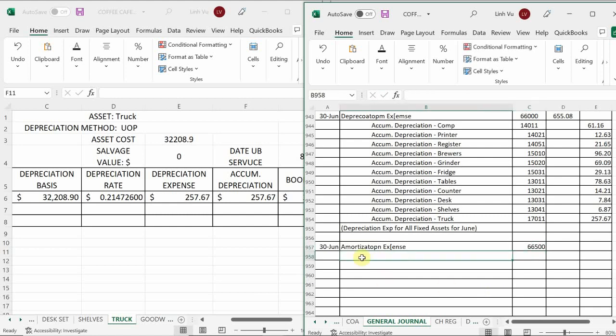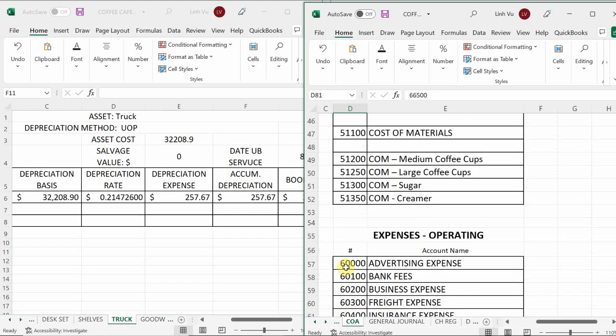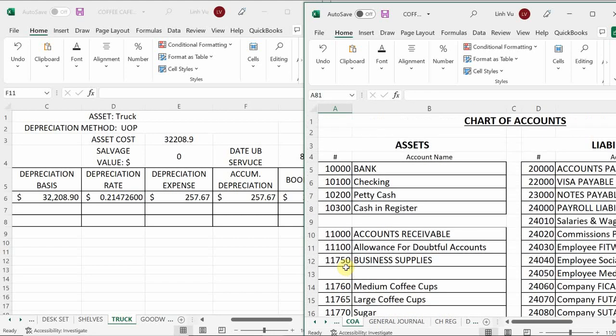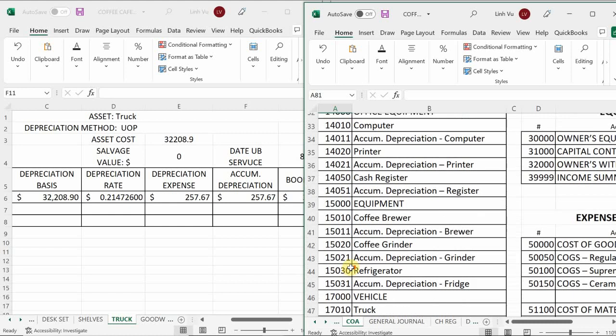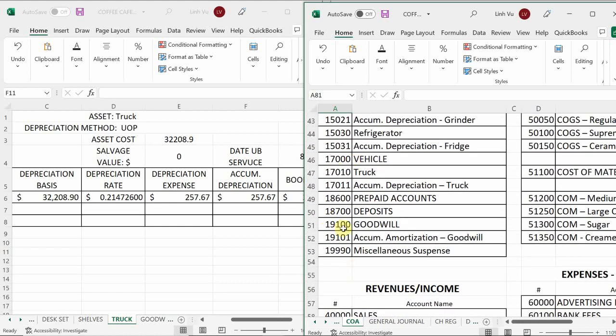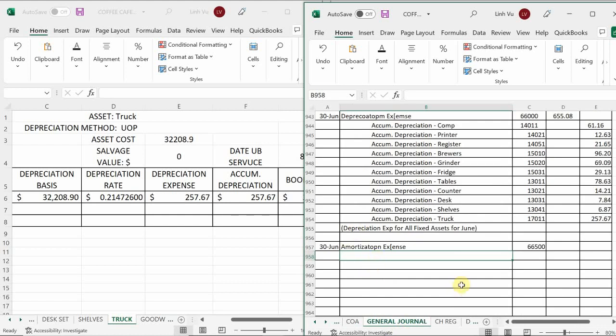Okay, and of course we have the accumulated amortization for goodwill. Okay, so again, let's see, accumulated amortization for goodwill is account number 19101. Accumulated amortization for goodwill, account number 19101.